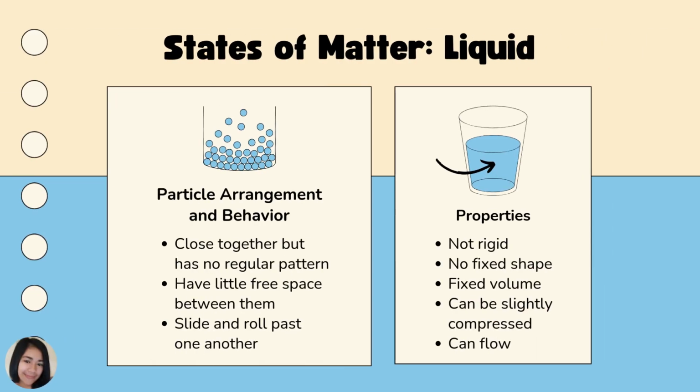So under liquid, the particle arrangement of liquid is they are close together but has no regular pattern. So there are times na close sila, but not all the time. Okay? Wala silang regular pattern. Kaya kung nakikita ninyo, doon sa baba, example, dyan sa glass, yung particle ng tubig sa baba, dikit-dikit sila.